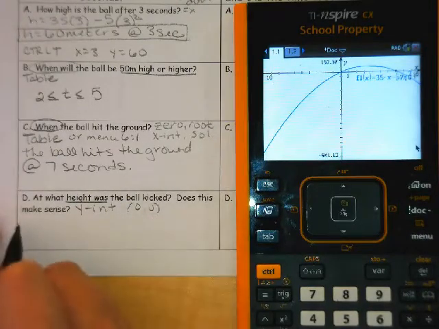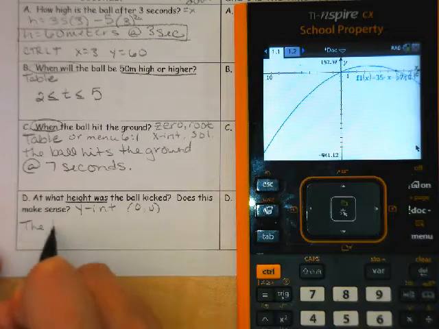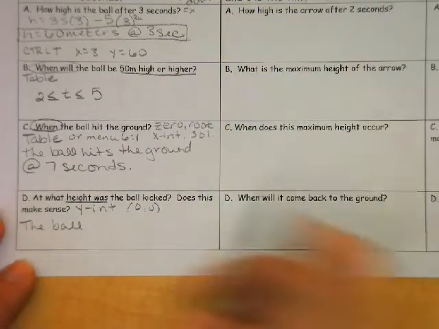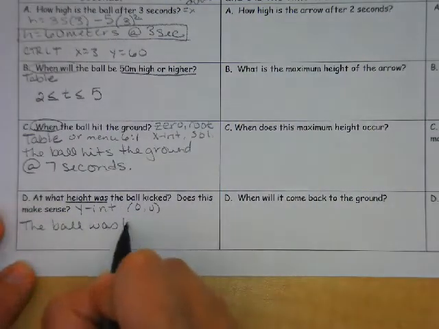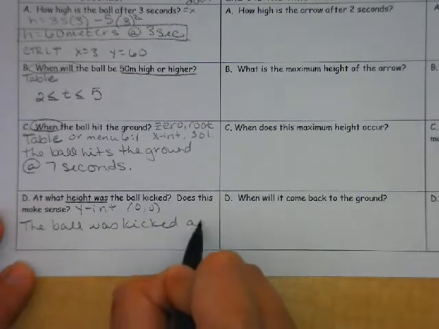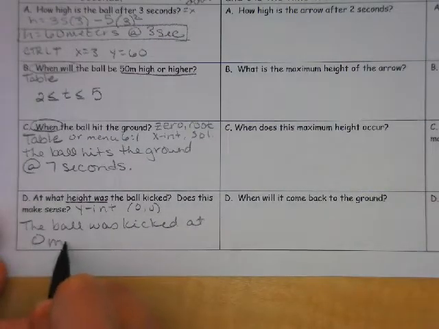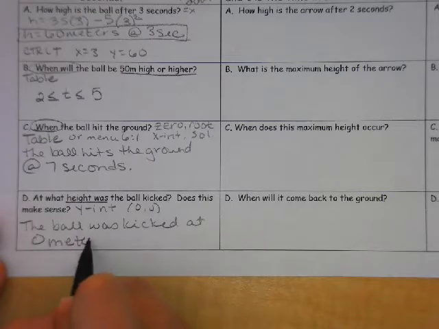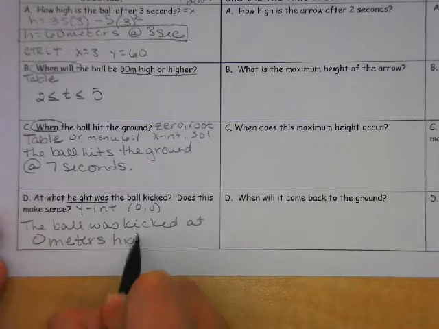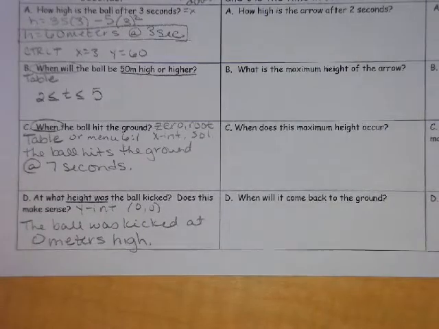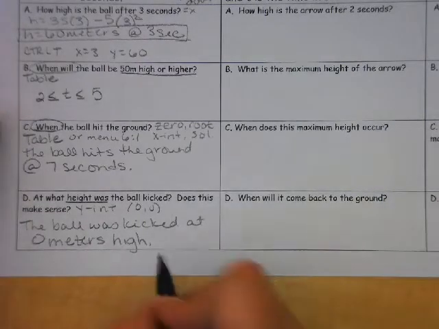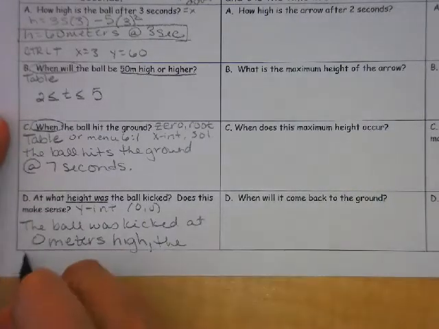So at what height was the ball kicked? At 0, we're talking about meters, right? 0 meters high. Does this make sense? Yes, because where is the ball? The ball is on the ground.